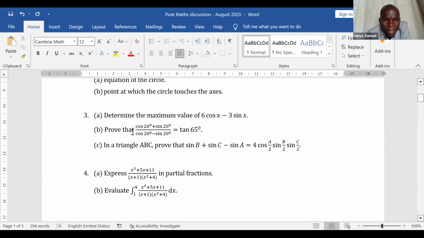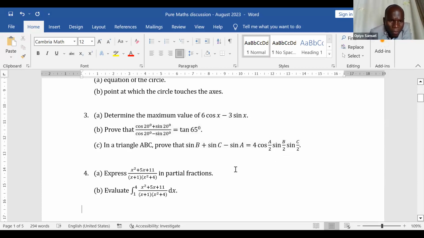B, prove that (cos 20 degrees plus sin 20 degrees) over (cos 20 degrees minus sin 20 degrees) equals tan 65 degrees. And C, in a triangle ABC, prove that sin B plus sin C minus sin A is 4 cos(A/2) sin(B/2) sin(C/2). So this is the question we are going to handle now, question 3.